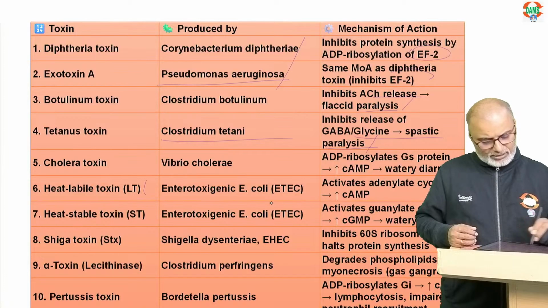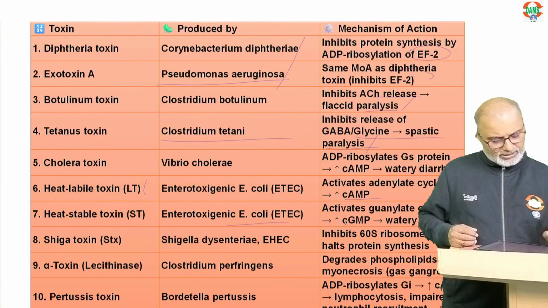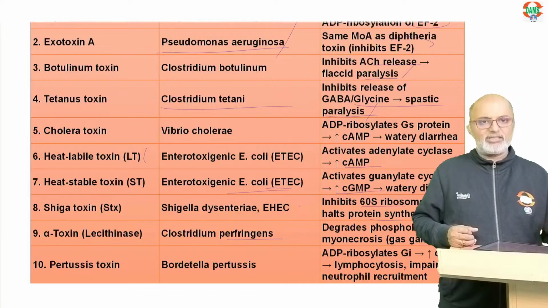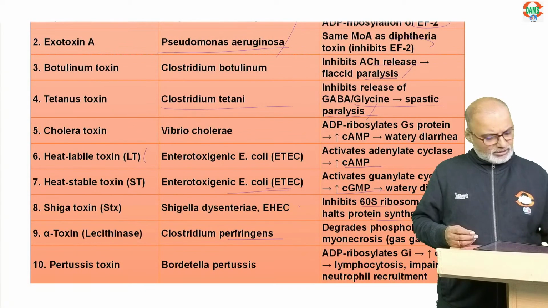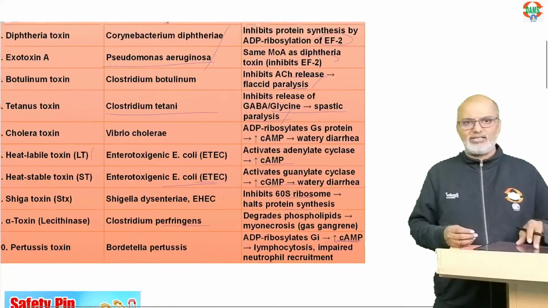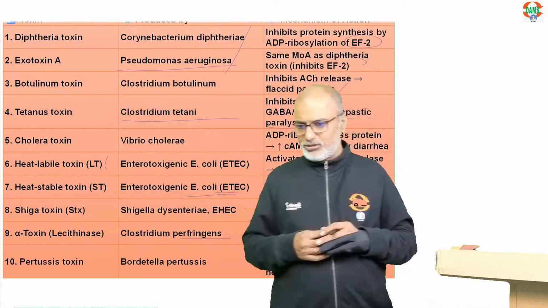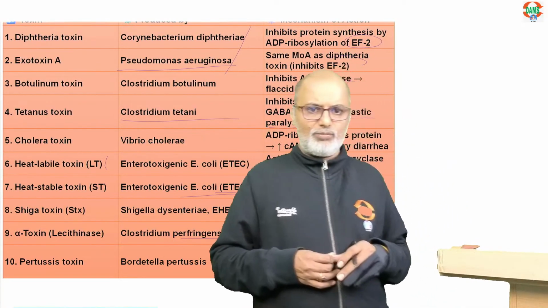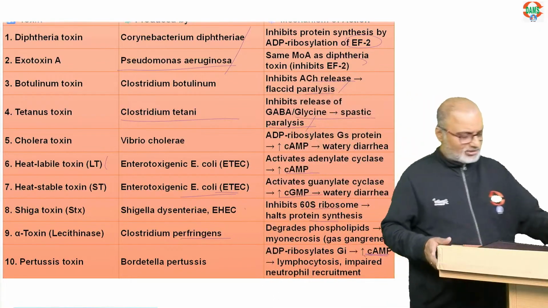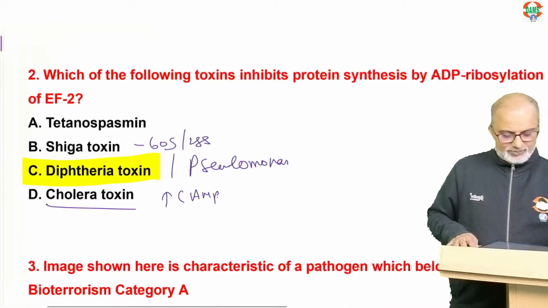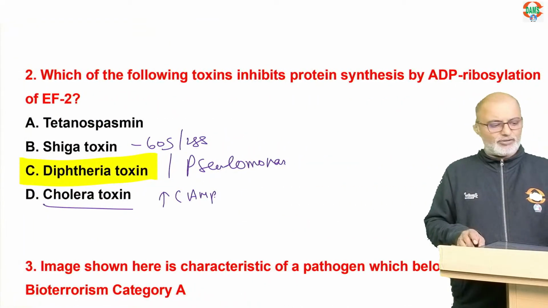Heat labile toxin increases cyclic AMP, heat stable toxin cyclic GMP. Shiga toxin, 60S ribosome. Alpha toxin, lecithinase activity, Clostridium perfringens. Pertussis toxin, increases cyclic AMP. I give just 10 examples. Many are there. If you see my notes, many are there. This is important. You must know the mechanism of action of toxins.